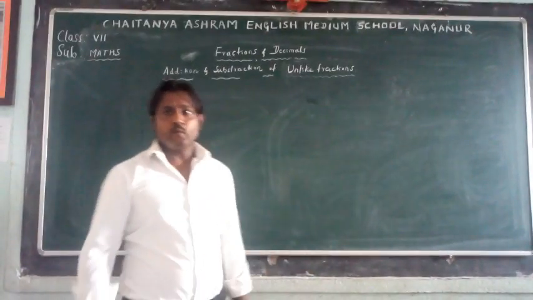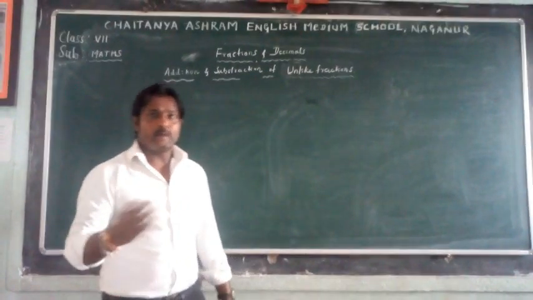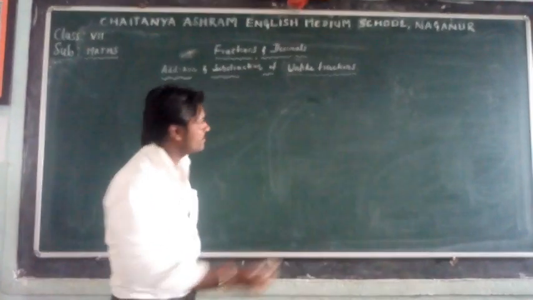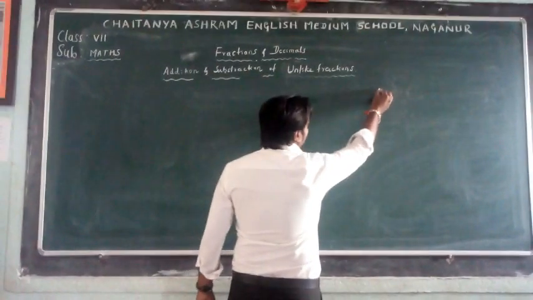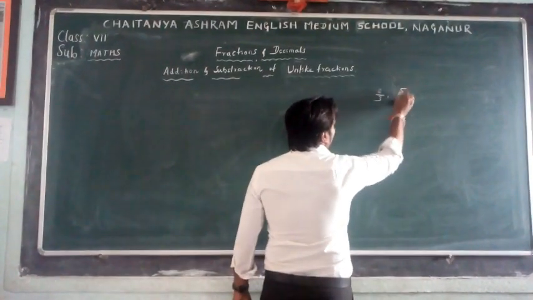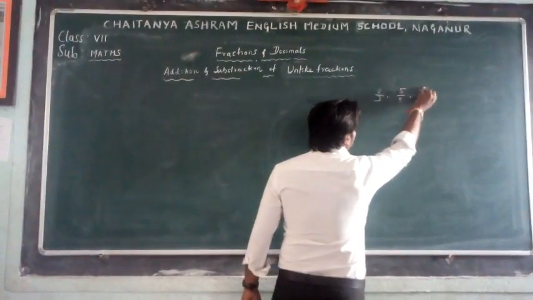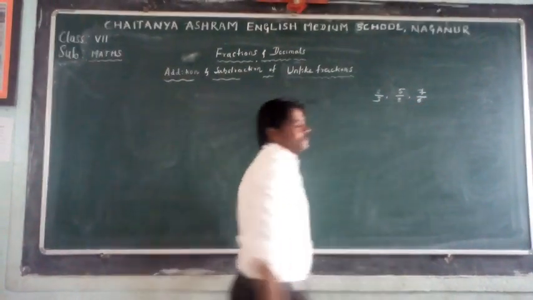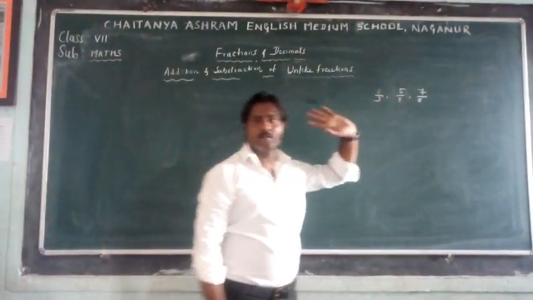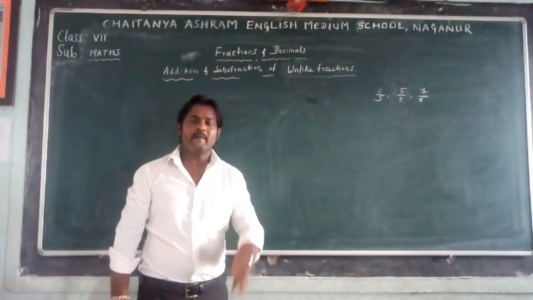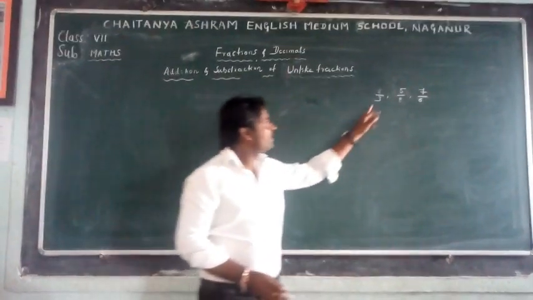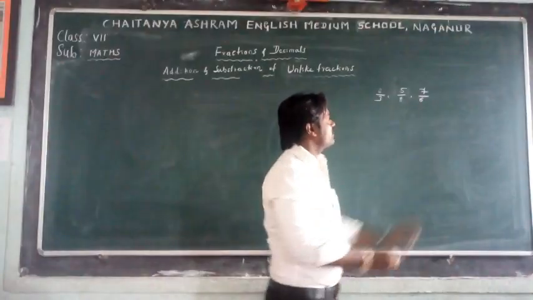In part 1 video, dear children, we learned what are unlike fractions. Give me examples. Consider 2 by 3, 5 by 8, 7 by 6. These are called unlike fractions. Why these are called unlike fractions? Fractions having different denominators.